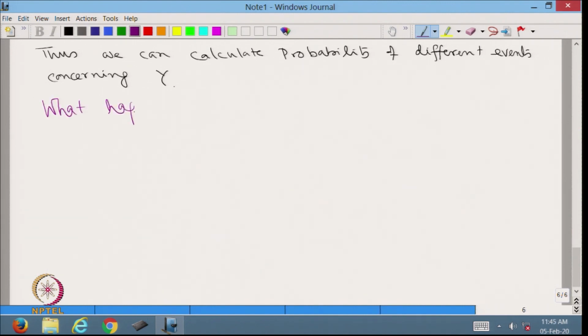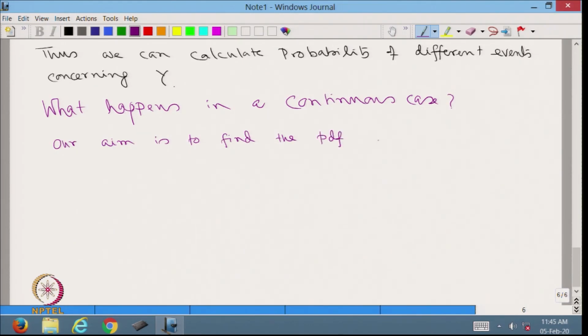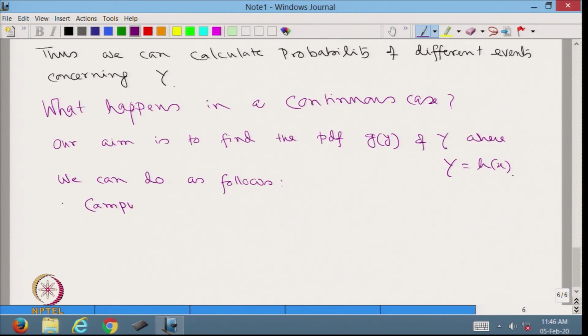What happens in a continuous case? Our aim is to find the PDF g_Y of y, where Y is equal to h of X. One way of doing it is: first compute G of y, that is probability Y less than or equal to y.